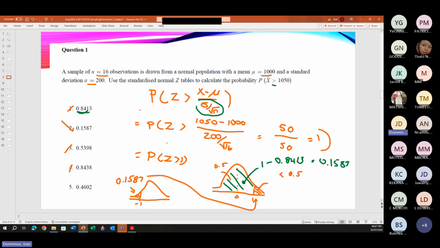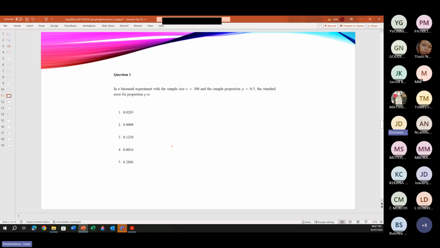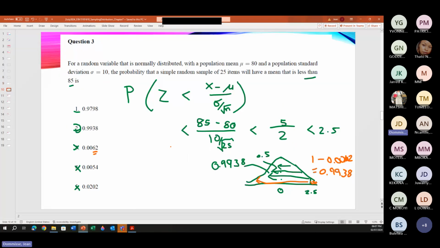So just be very careful with all of the questions around chapter 6 and 7 when we need to work out the Z, and from the Z the probability. The chances are very good that they will give you the probability of that Z value from a negative table and the positive table.